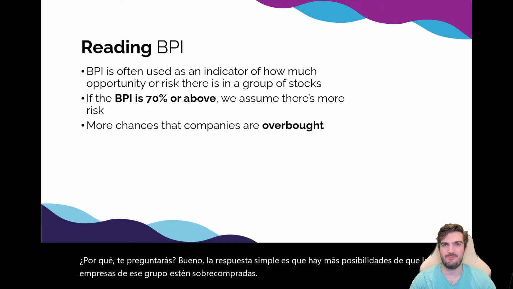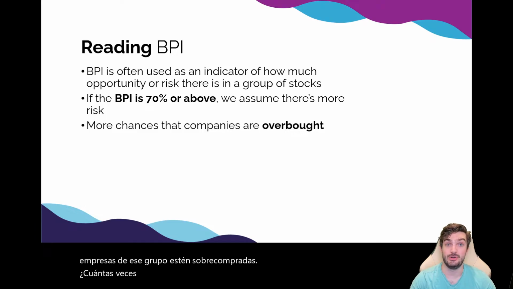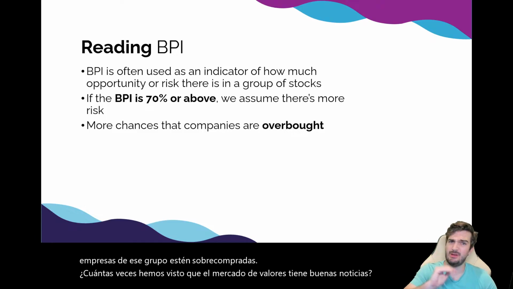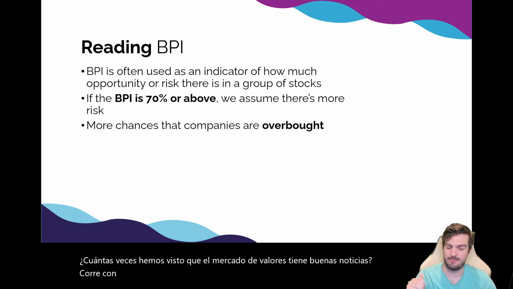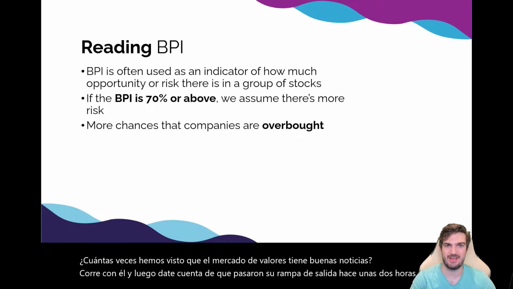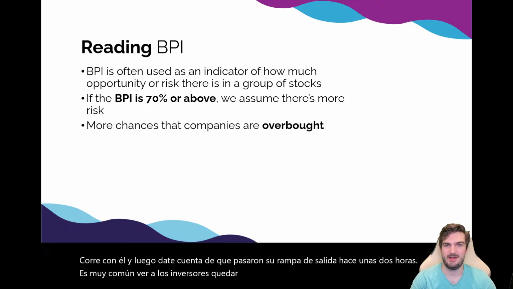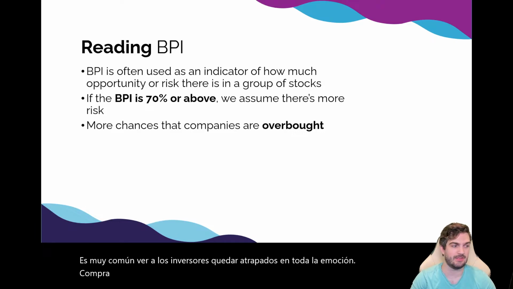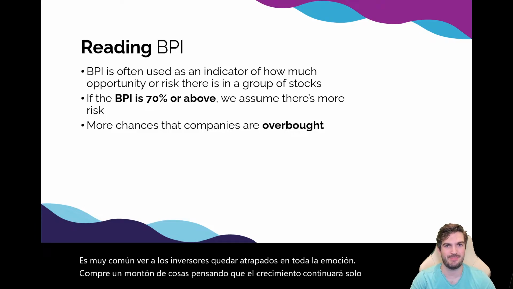How many times have we seen the stock market have some good news, run with it, and then realize that they passed their off-ramp about 2 hours ago? It's very common to see investors get caught up in all the excitement, buy up a bunch of things thinking that that growth is going to continue, only for it to come crashing back down.